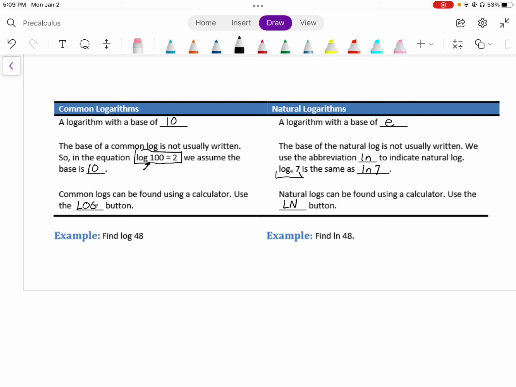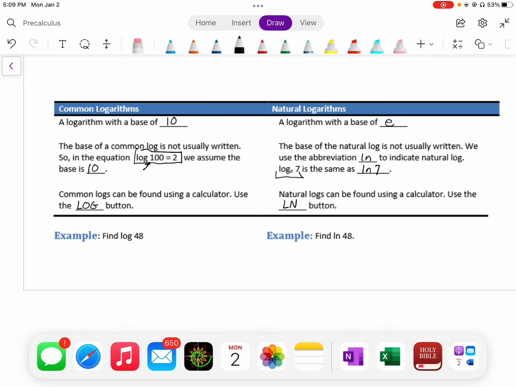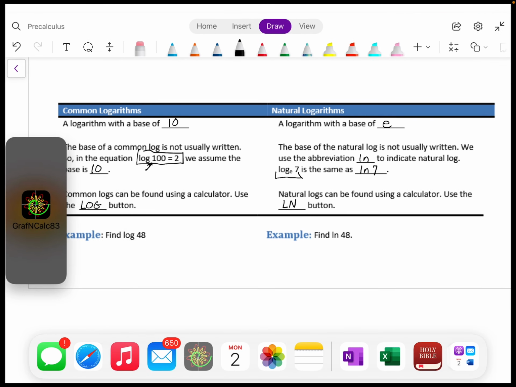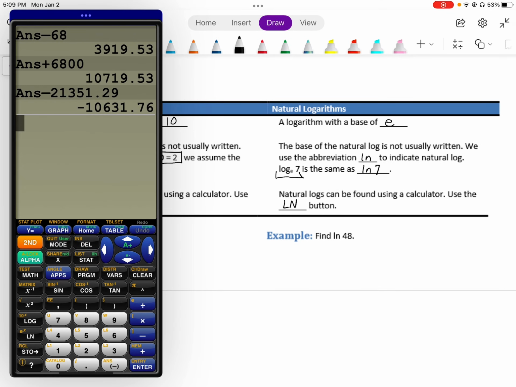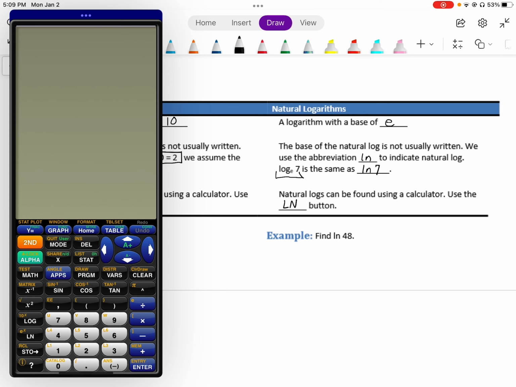All right, we have a couple examples here. Find log of 48. Well, there's no base written, so that's the understood log base 10. So we'll bring up a calculator here, clear what's there, and we want to do log of 48.